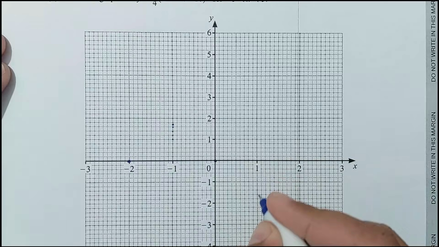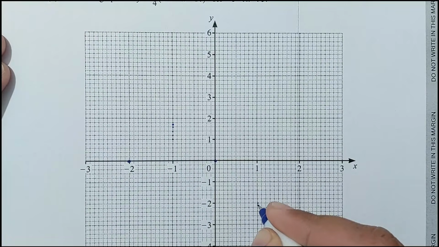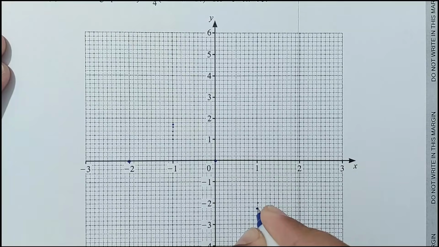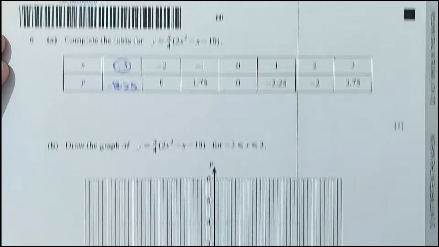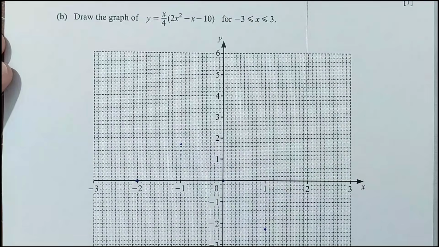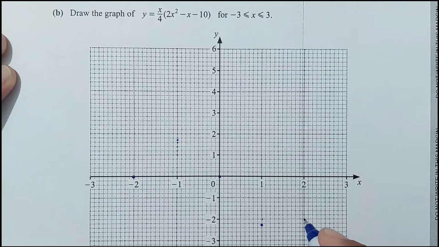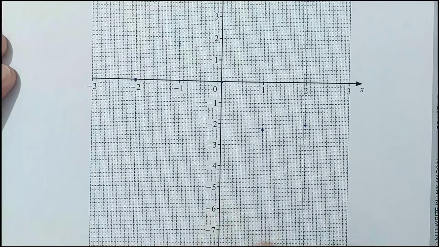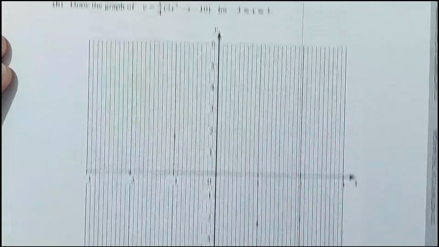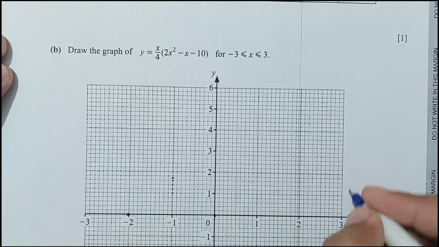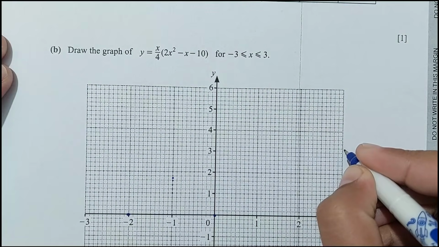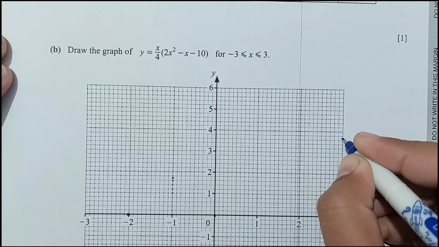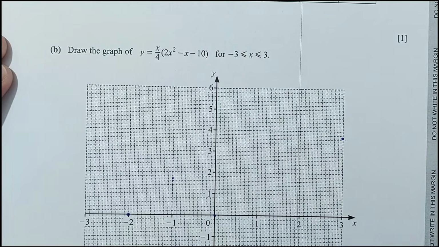This is -2, -2.2, and 2.25 is in the middle over here. At 2, the value is -2. And at 3, it is 3.75. 3 at the top, sorry. 3, we have 3, 3.2, 3.4, 3.6, 3.75 is this point.